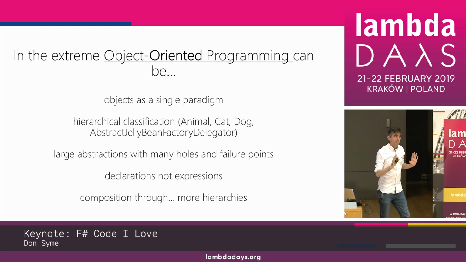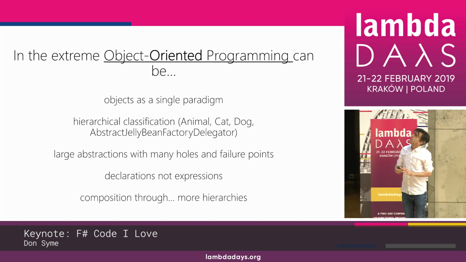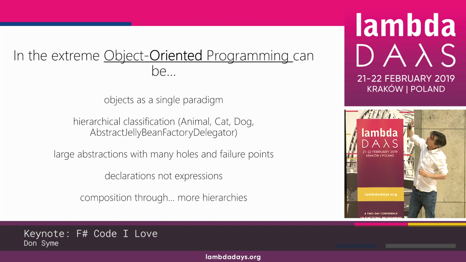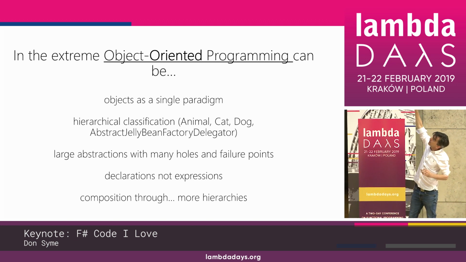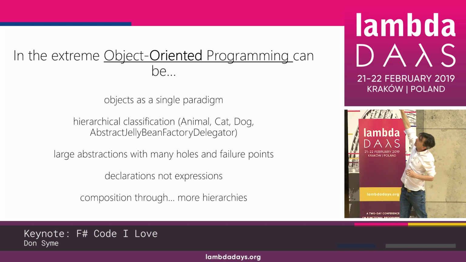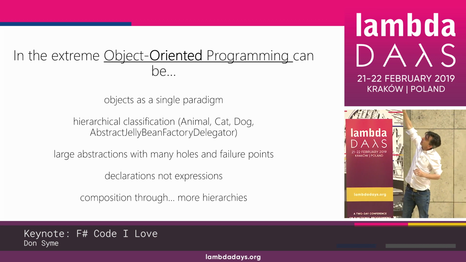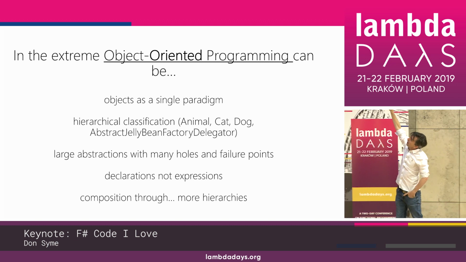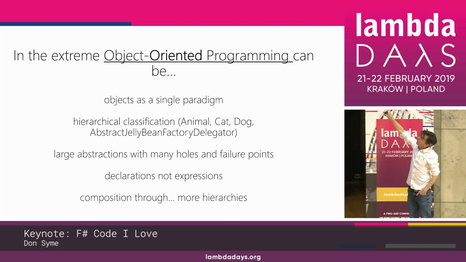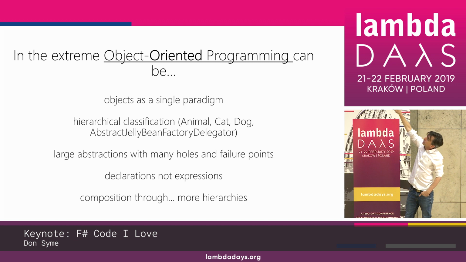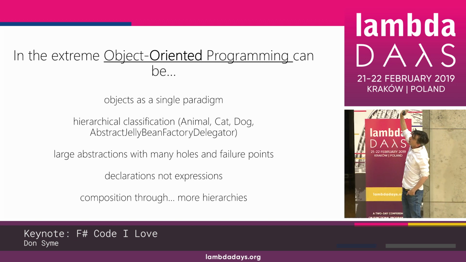Object-oriented programming, especially the implementation inheritance view of it, has objects as everything, a mentally dominating single paradigm, with an endless focus on hierarchical classification. Large abstractions, often with many failure points, and composition through more and more hierarchies.